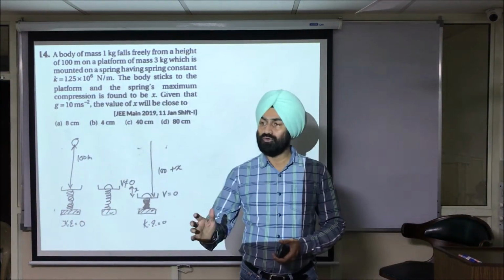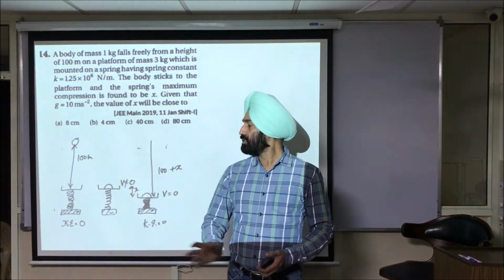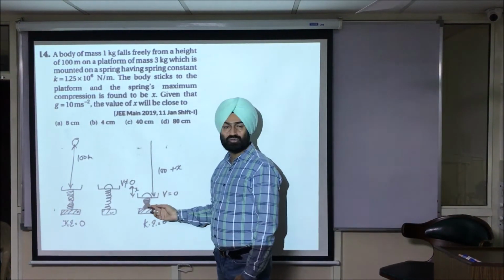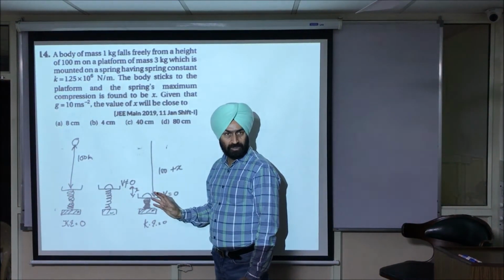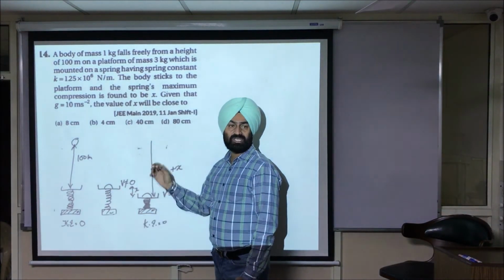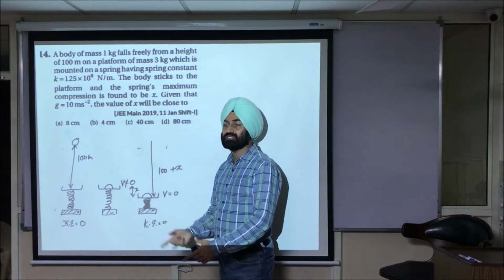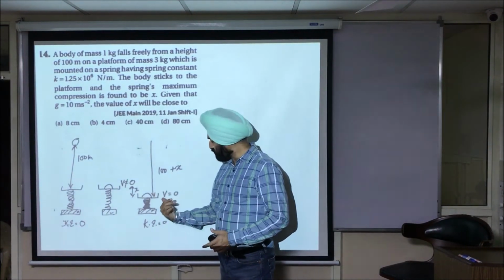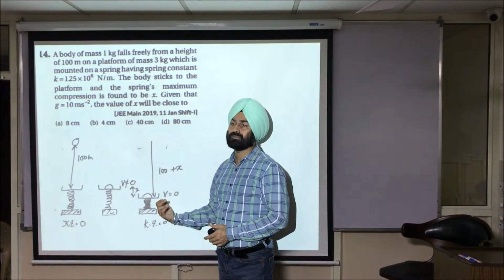So the two have lost some gravitational potential energy. That energy would get stored in the spring now. Is it clear? Potential energy lost by the 1 kg mass and potential energy lost by the platform is stored as potential energy of the spring, because finally velocity is again zero, no kinetic energy is left.